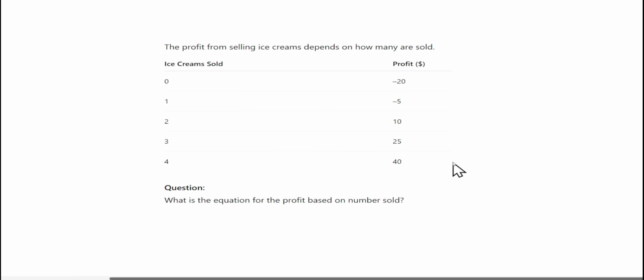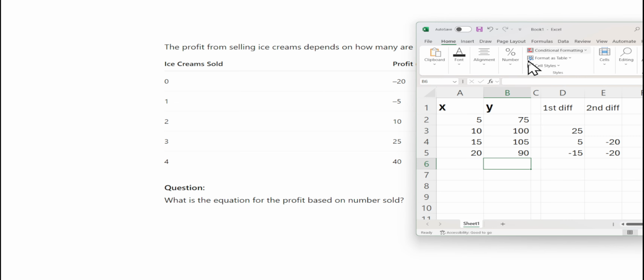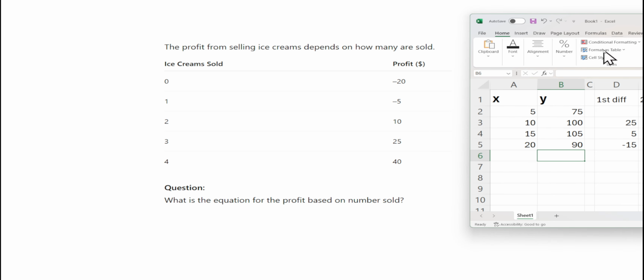Okay. $15 ice creams, okay. So is this quadratic? Might be. It's definitely not linear, because it goes down and then it comes up again. So let's test. Do our little test.